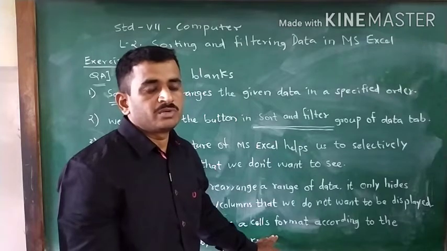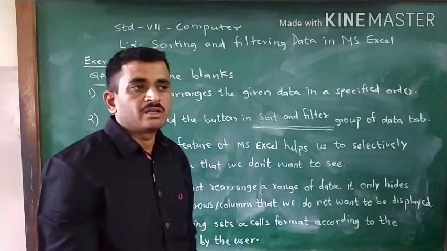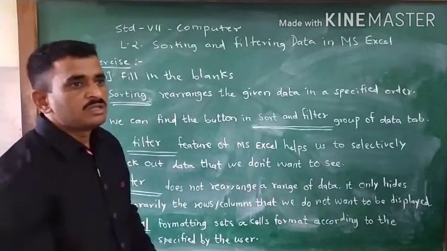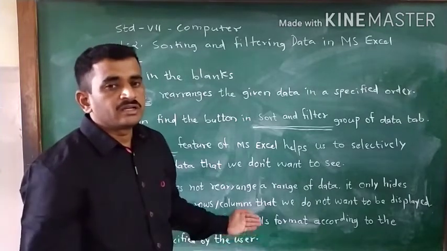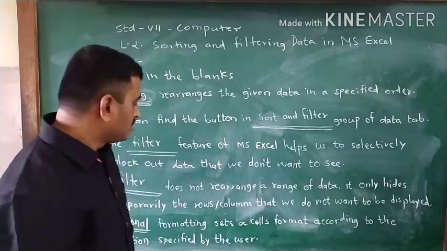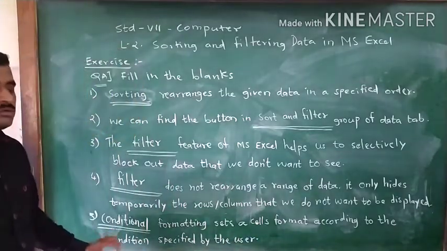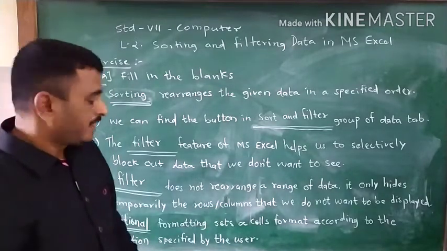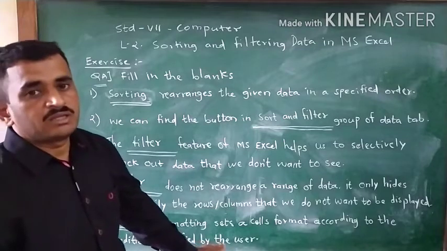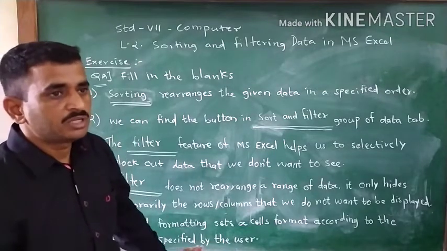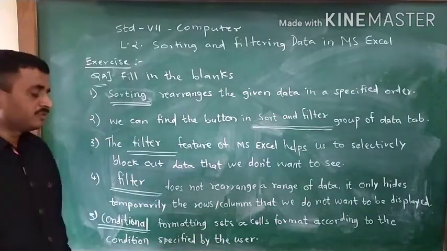Suppose a student is failing the math subject, then we want to display it in red color. Then we can give the condition less than 35 and we can set the format as red color for that number. So by using conditional formatting, we can set the formats according to the condition specified by the user, who is sitting in front of the computer. They can give the condition.